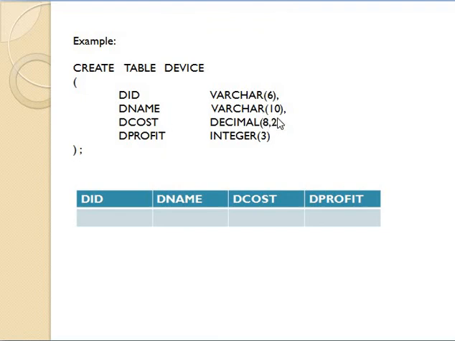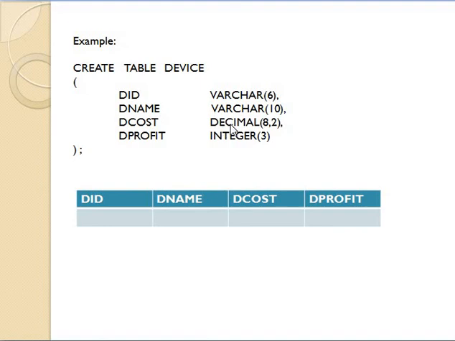Now after that, the second value 2 is the scale. That means after the decimal point, the total number of digits for that value should not exceed 2. It can be either 2 or less than that, but it cannot exceed 2.